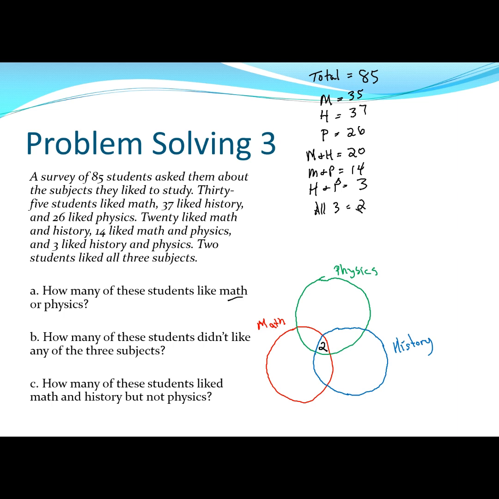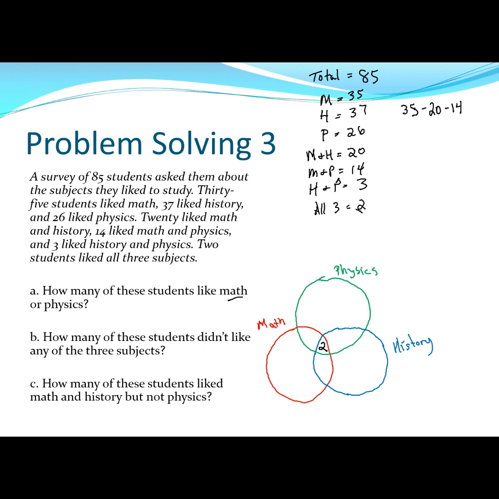We know that 35 students liked math, and we're going to subtract 20 because those are students that liked math and history. And then we're going to subtract 14 because those are students that liked math and physics.